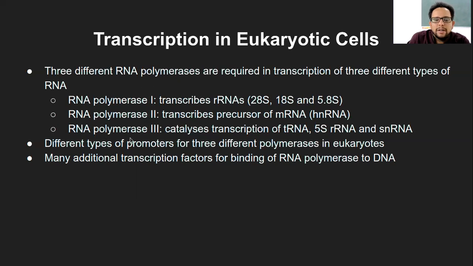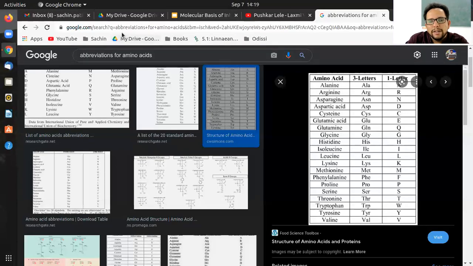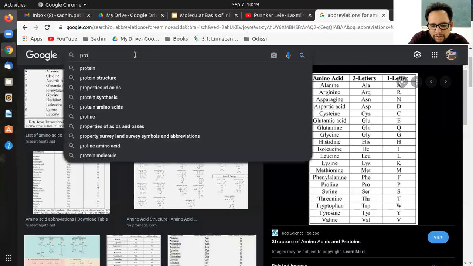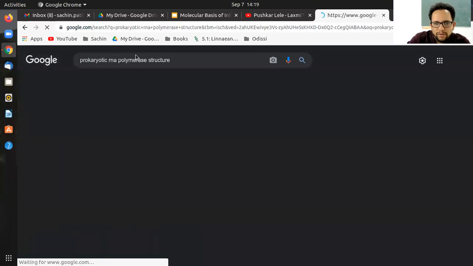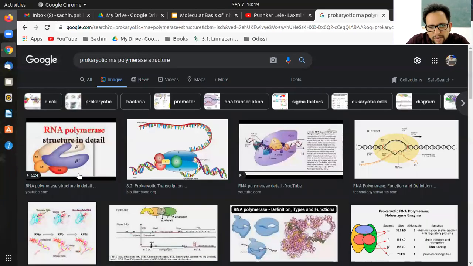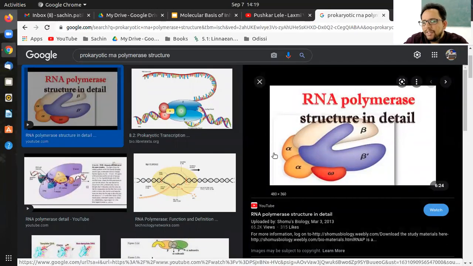Yes, but like I said, here in this case, these are completely different units altogether. There, like I will show you, if at all I find that prokaryotic RNA polymerase structure. Yeah. See now, this is a complex of what we call different proteins, and that is what is being shown here.